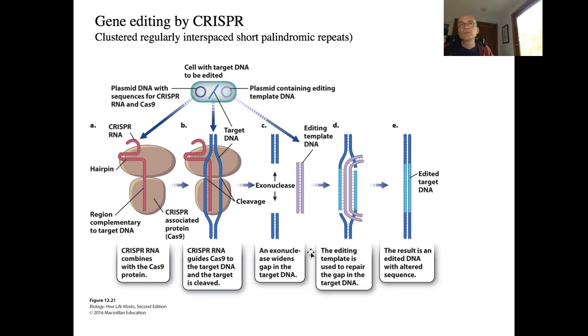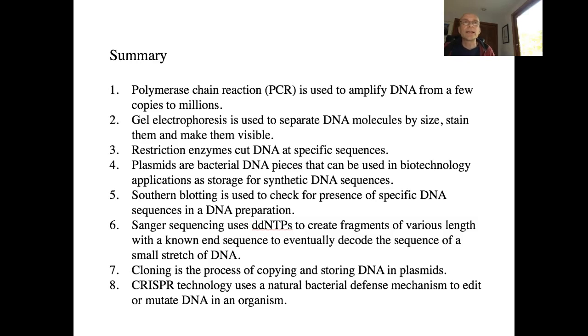So let me summarize what we discussed today here in our biotechnology lecture. I started with polymerase chain reaction. I told you that's used to amplify DNA. We talked about gel electrophoresis. We had talked about that before, but we said that that is used to separate DNA molecules by size and to make them visible. Restriction enzymes cut DNA. Plasmids hold DNA. Southern blots are used to look for presence or absence of specific DNA sequences.